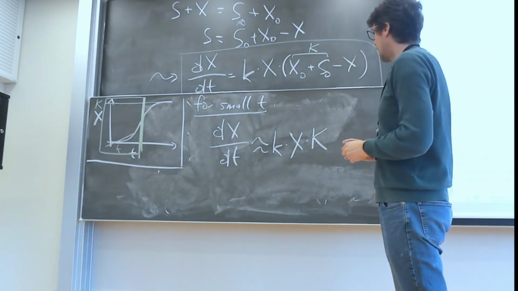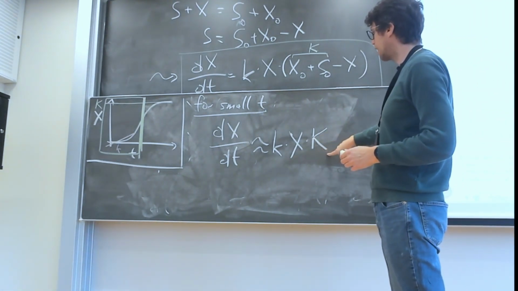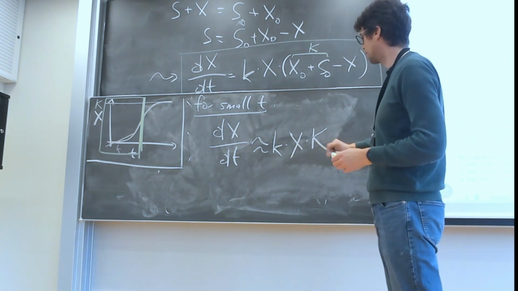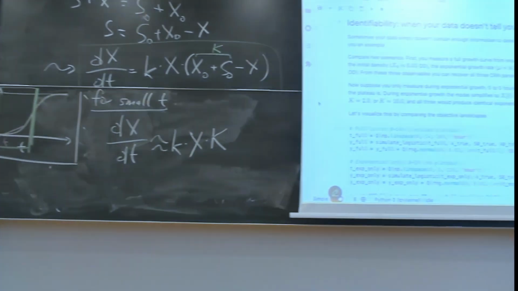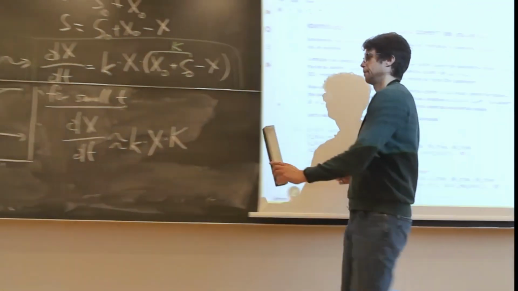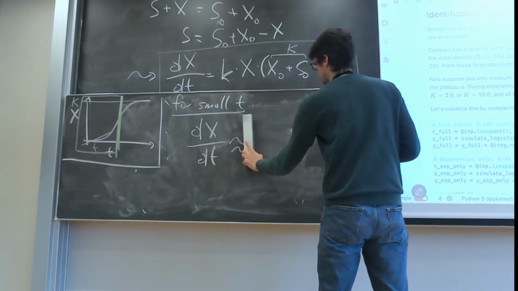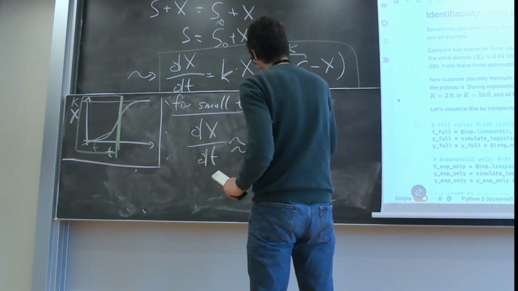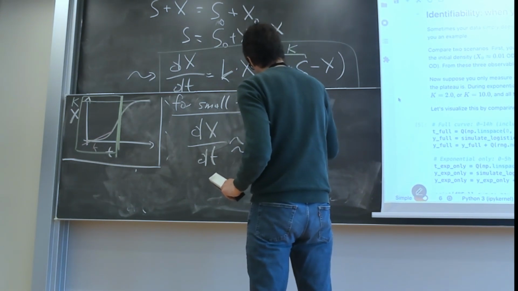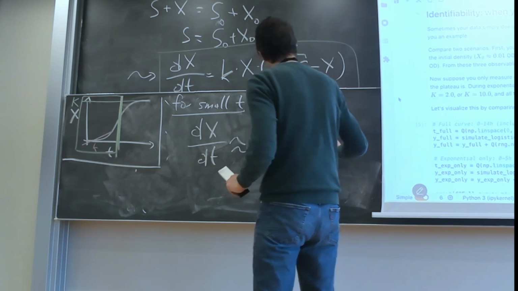Okay? And we will never be able to exactly figure out capital K, but we can figure out the product of small k times capital K. So just to write this a bit differently, small k times capital K times x.